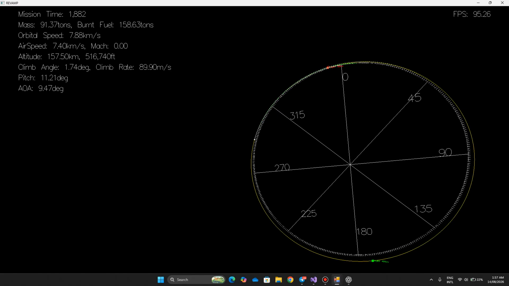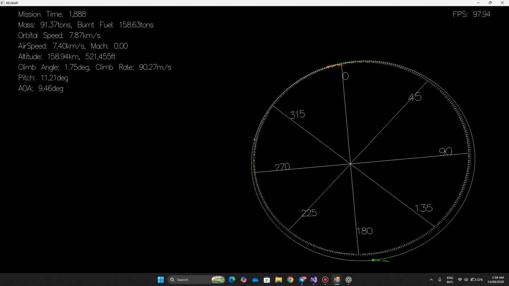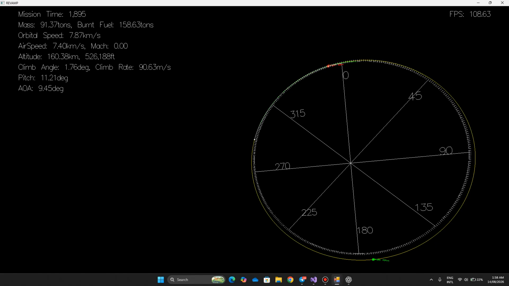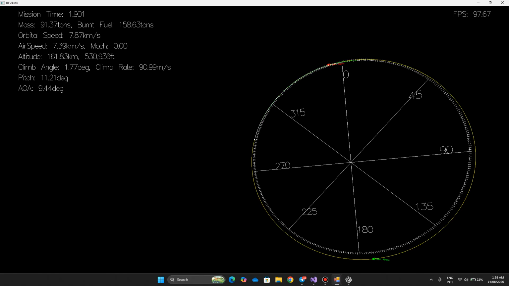Sorry, I forgot what your definition of prograde burn is. Prograde burn is thrusting in the direction you're already moving, which raises the far side of your orbit. Did you say thrusting in the direction I'm going? Thrusting, adding speed along your current path. Right.